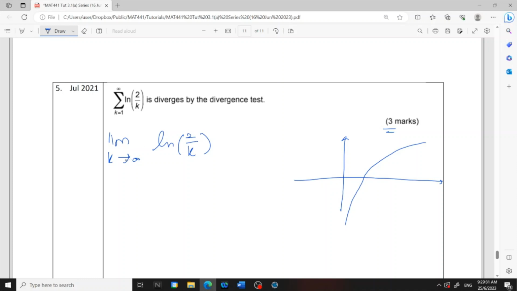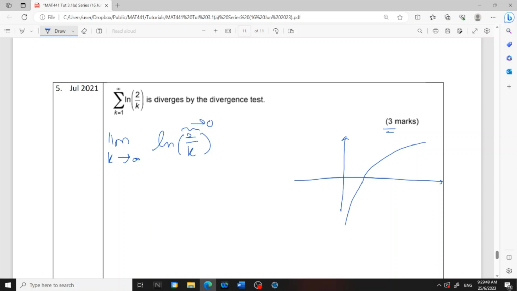When k approaches infinity, 2 over k approaches 0.